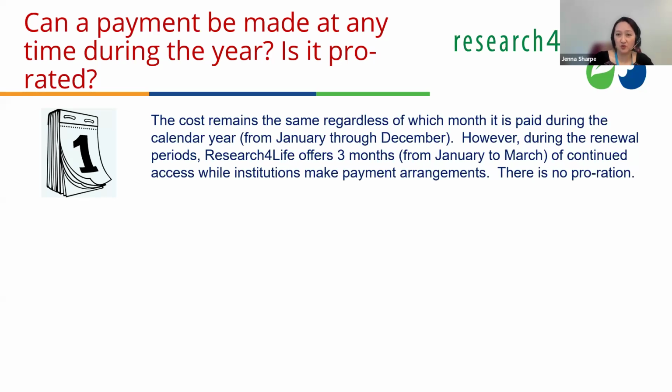There is no proration. However, during the renewal periods, Research4Life does offer 3 months from January 1st to March 31st of continued access while the institutions make payment arrangements. So even if an institution cannot renew, they will receive at least 3 more months of access after the calendar year.